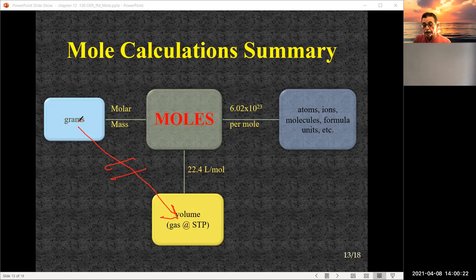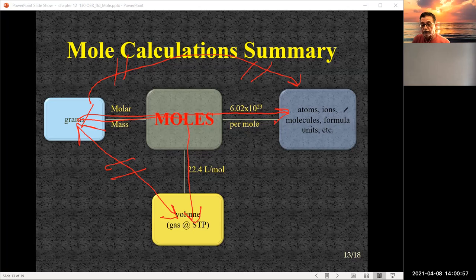We first have to go through moles, then down to liters. The ultimate goal is to go from grams to atoms or ions or molecules or whatever the case may be. Well, we can't do that directly because we have to go through moles to get there. Now I'm shooting this arrow in one direction, but remember, these are in both directions.